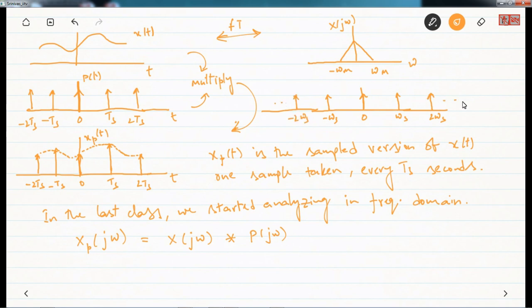So it goes on forever. Here, what is ωs? ωs is equal to 2π by Ts.